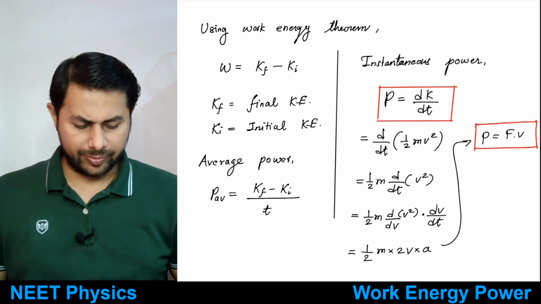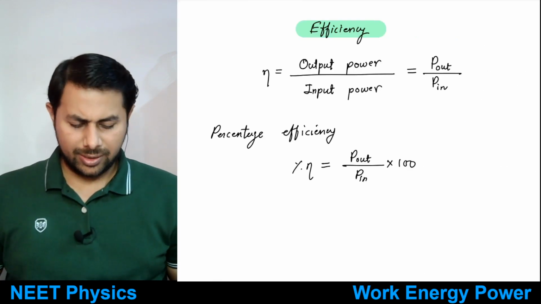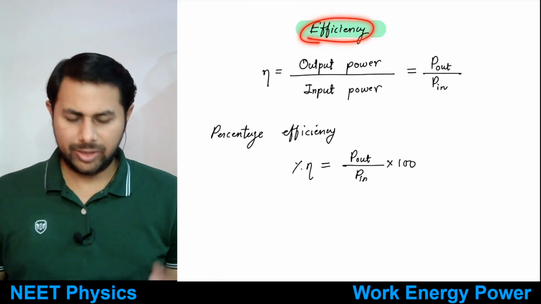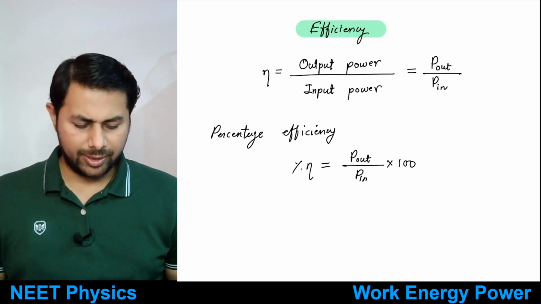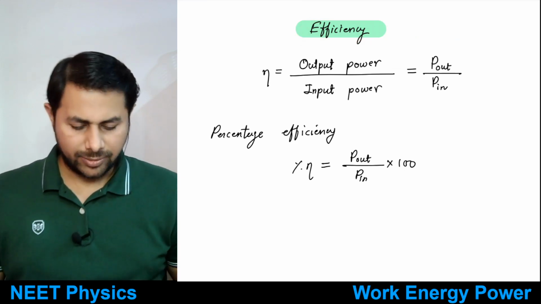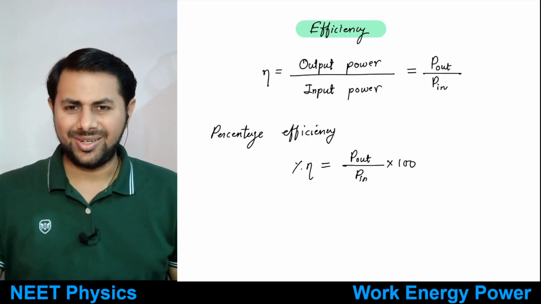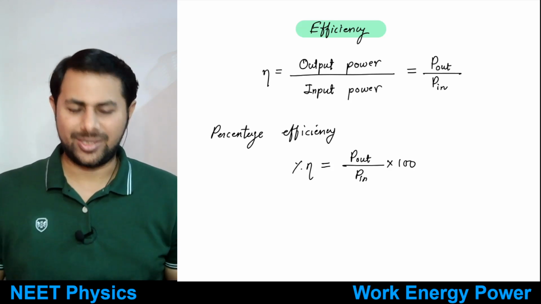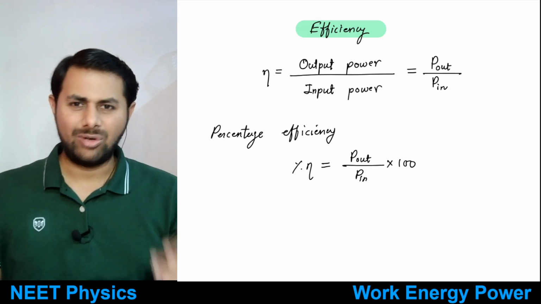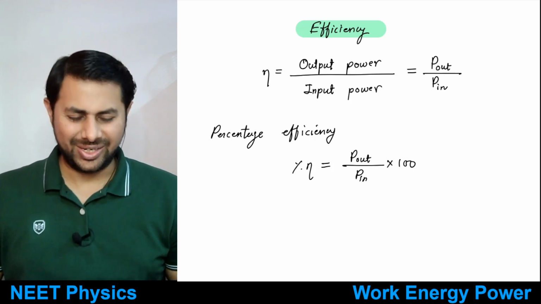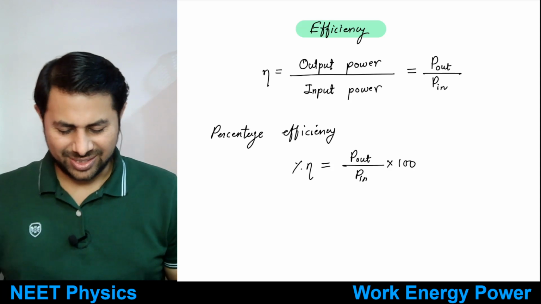Okay, very good. Then there is one definition which we'll use in this chapter, and that is efficiency. What is efficiency? Efficiency of any process is just output divided by input. So there is another definition.